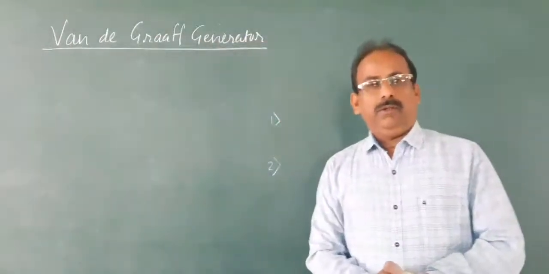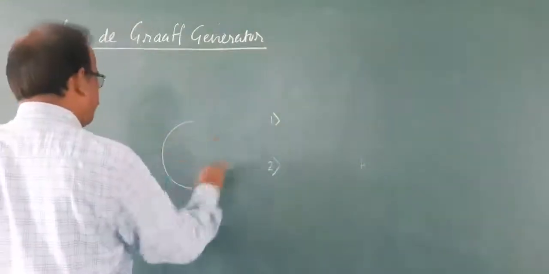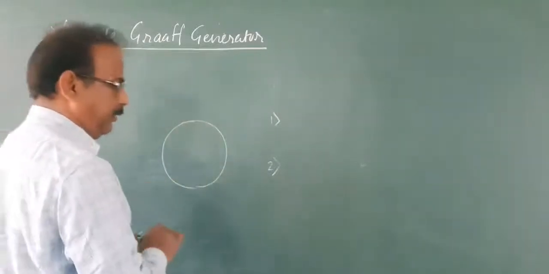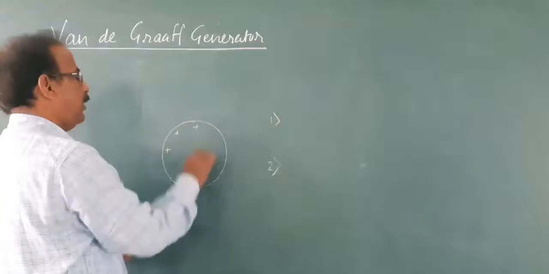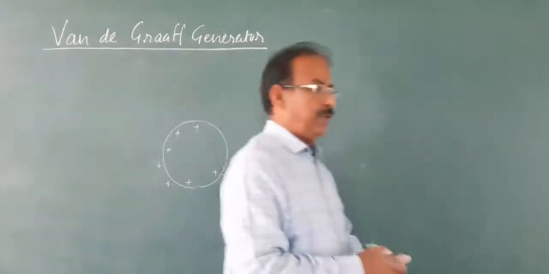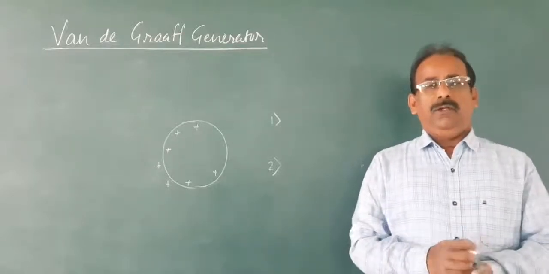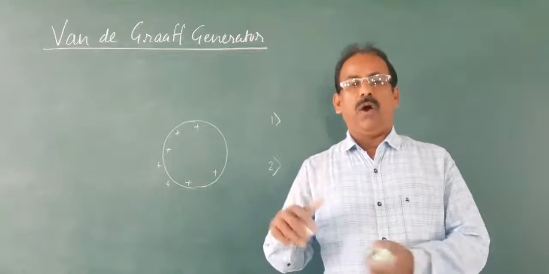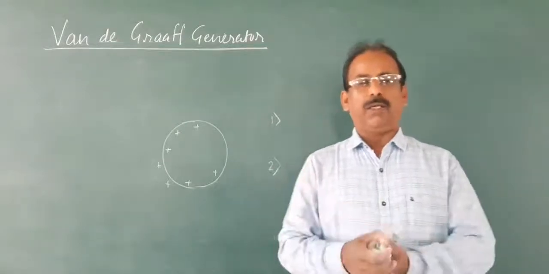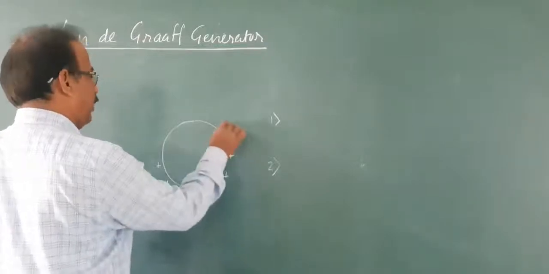The second principle is this: when a charge is given to a hollow conductor, from the inner surface or outer surface, you will find that this electric charge always moves to the outer surface of that hollow conductor.